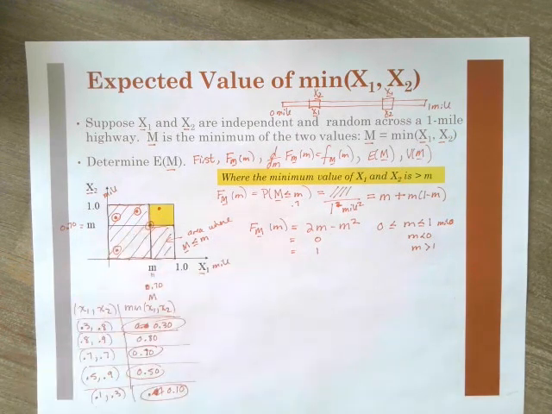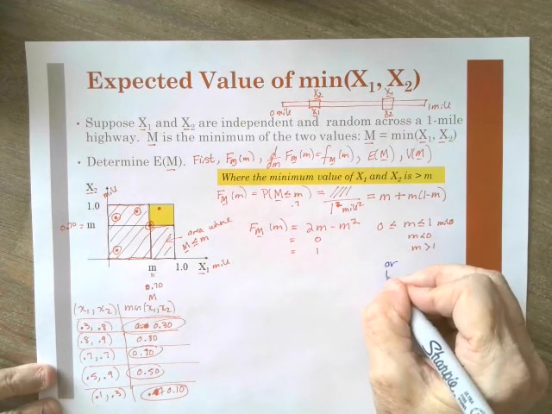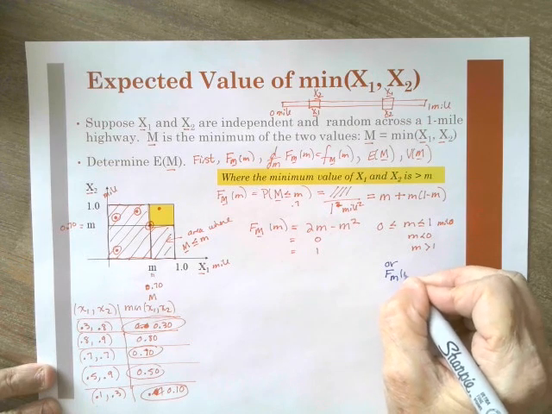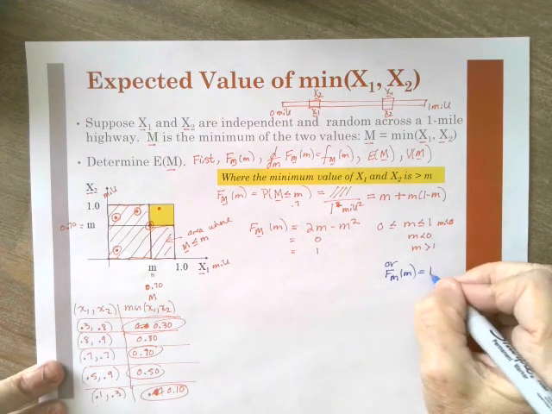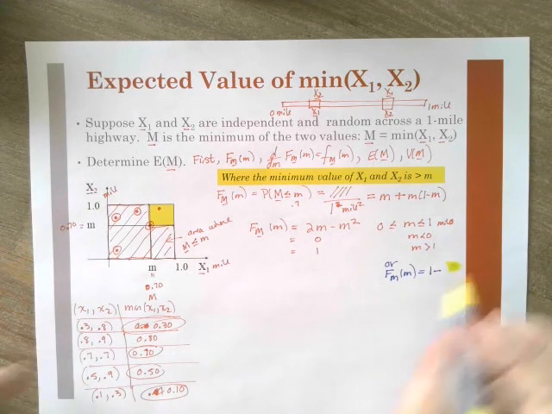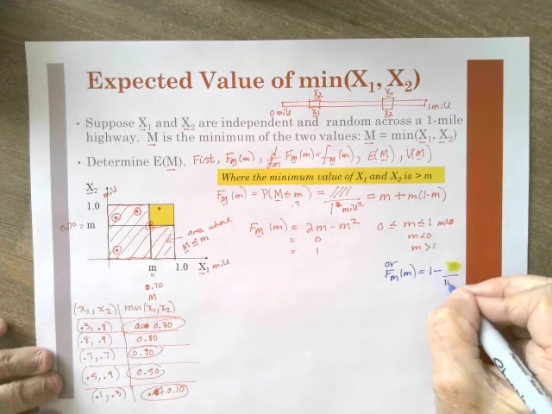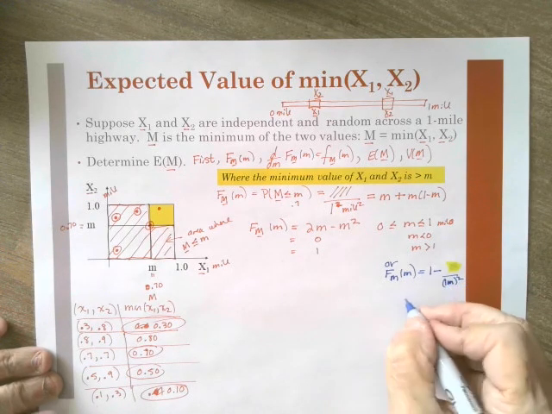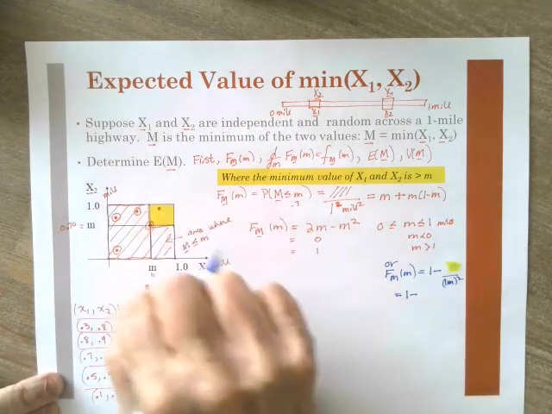If I look at my yellow area, and let me put that over here, just to do a little check, I could have said F_M of m could be 1 minus this yellow area divided by that 1 mile squared, right?